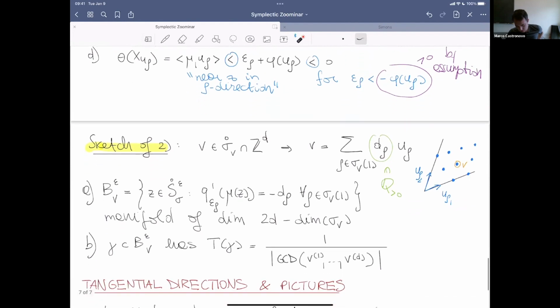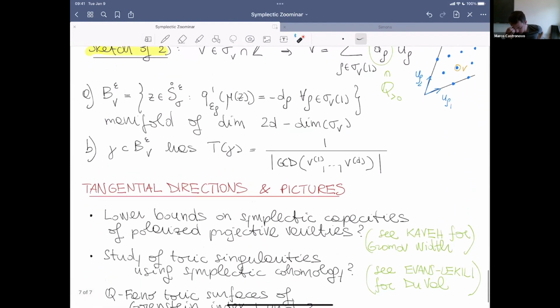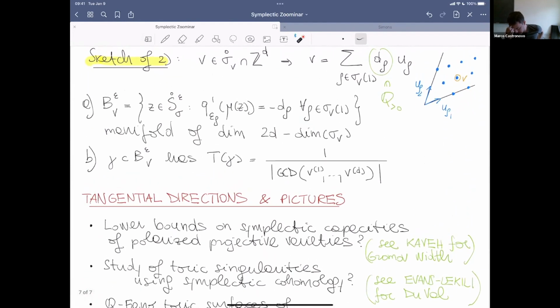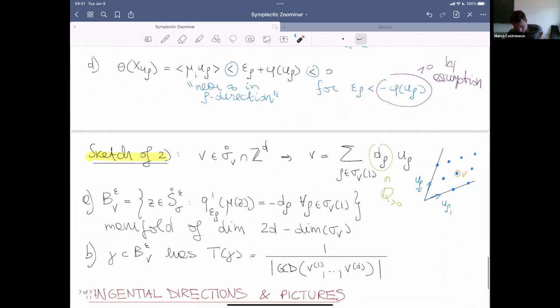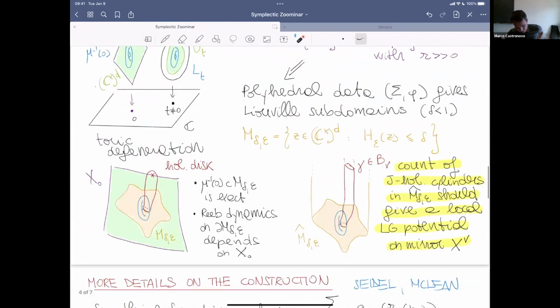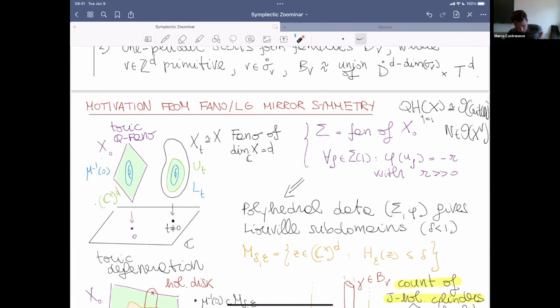Yeah, so the motivation for this construction was really mirror symmetry, as I said. But this picture that I drew tells you that these Liouville domains that live in these complex stars have symplectomorphic copies inside the original Fano. They have symplectic embeddings in the original Fano.